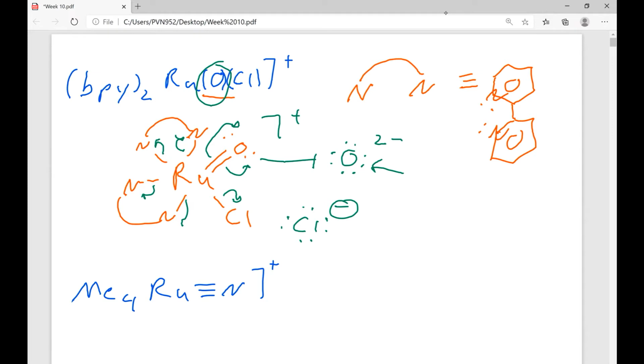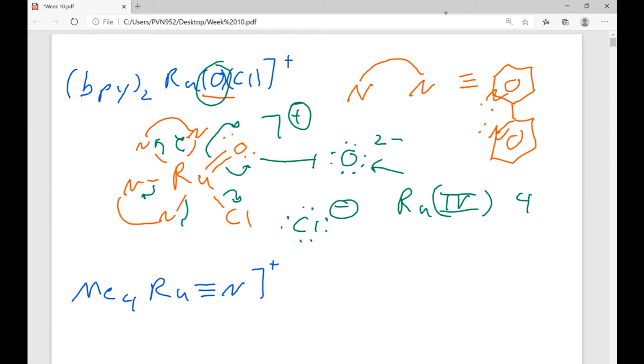So we have to figure out what's the oxidation state of the ruthenium metal center. So here it's actually ruthenium 4, because we have a +1 charge here and we have 2 anionic ligands, so it's ruthenium 4. So that has 4 d electrons.